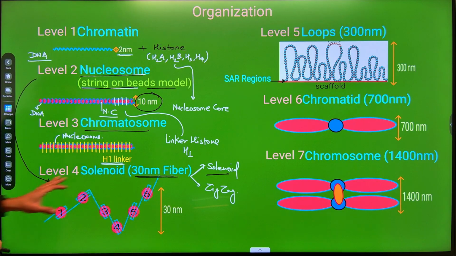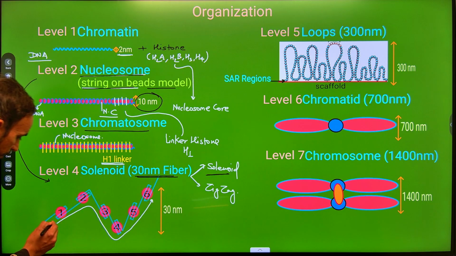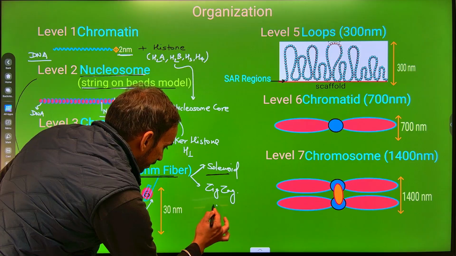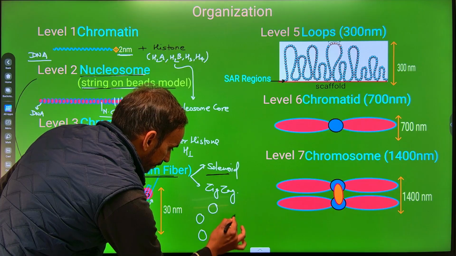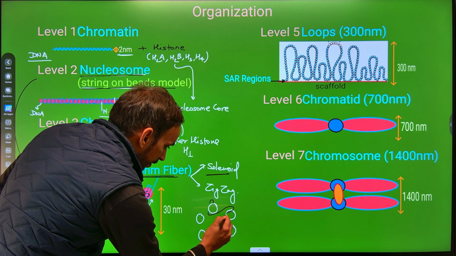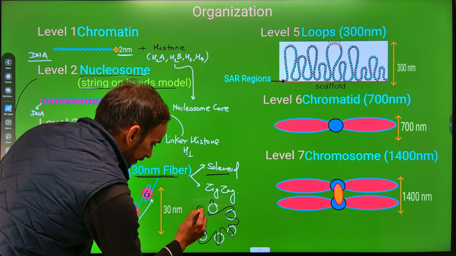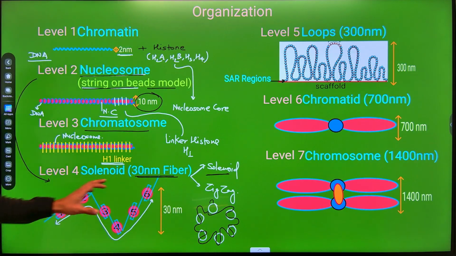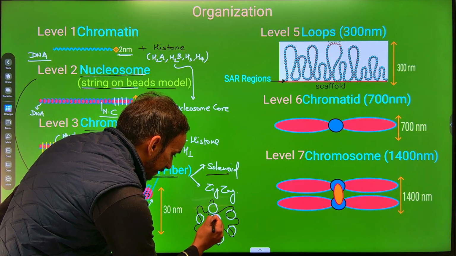Now, in this 30 nm fiber, if we talk about the solenoid model (we will discuss the other model later), the 6 nucleosomes will arrange in the form of a helix. If we talk about the 3D structure, these 6 histones will arrange in the form of a helix and will lead to the formation of a structure which is hollow from the center.